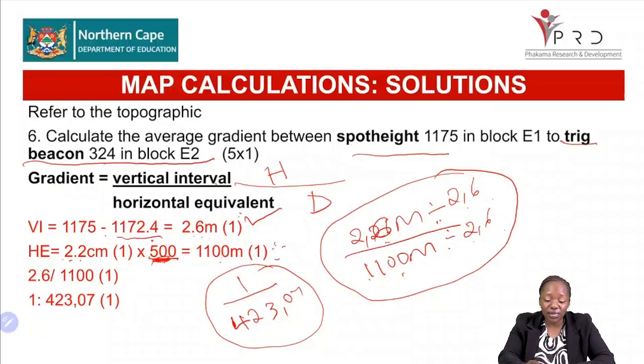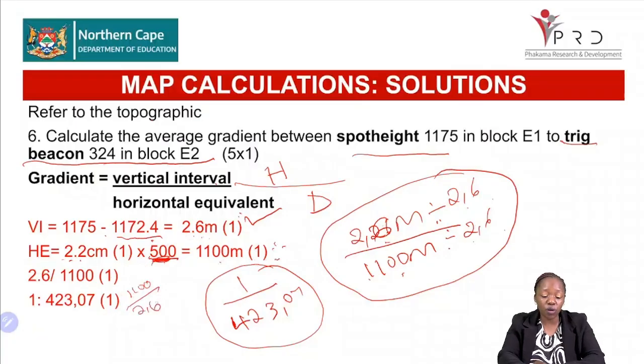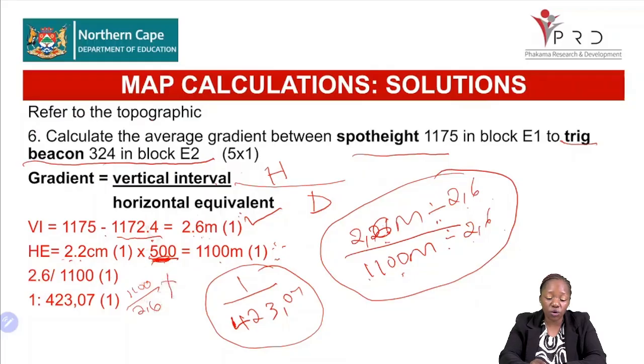Then after this, you need to go back to the formula. So you cannot start with 1,100 over 2,6 because this will be incorrect. You need to start with the answer of vertical interval as per formula, followed by the horizontal equivalent as per formula. So this is wrong.